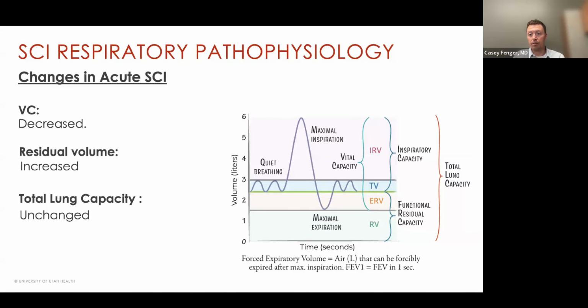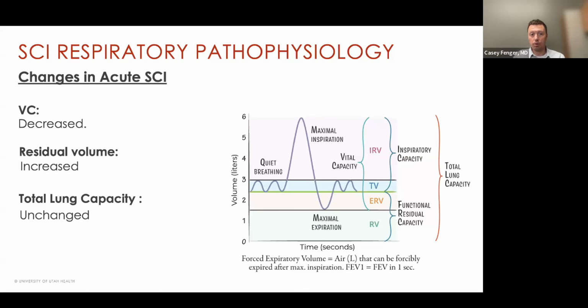And our expiratory reserve volume is when we expel as much air as we possibly can. And then we all have a certain amount of residual volume, which is dead space, areas of the lung and the airway which don't participate in gas exchange. So all of these together make up our total lung capacity.